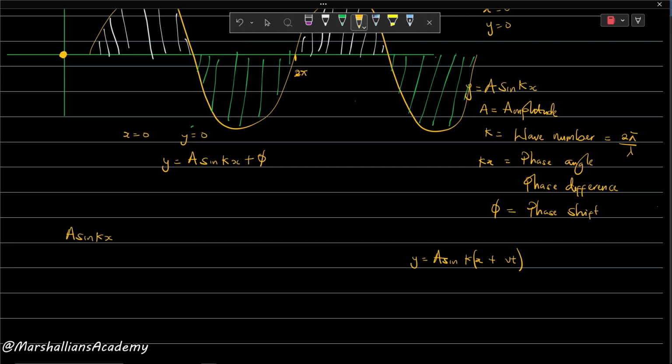And what is the starting point on the x-axis for this wave? Equate this kx to 0, and I'm going to have the starting point to be 0, right? But for this particular wave, what will be the starting point? It is going to be kx plus phi equals 0, which means our starting point is going to be negative phi over k.